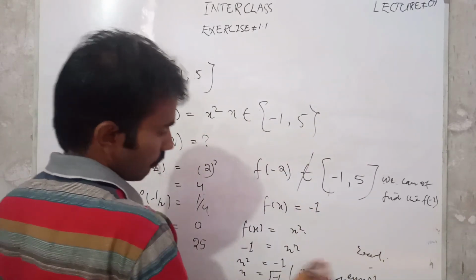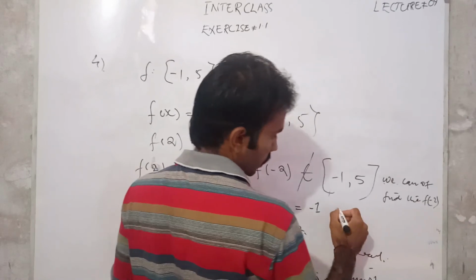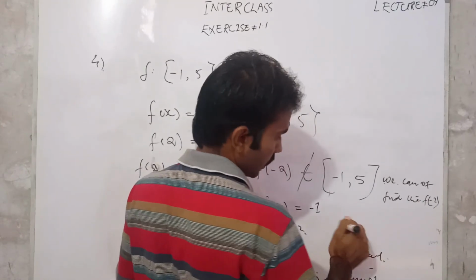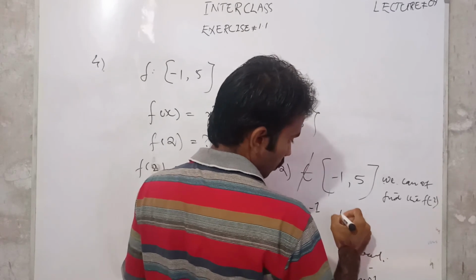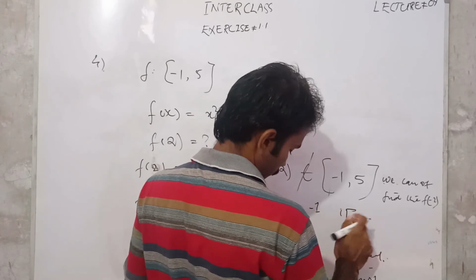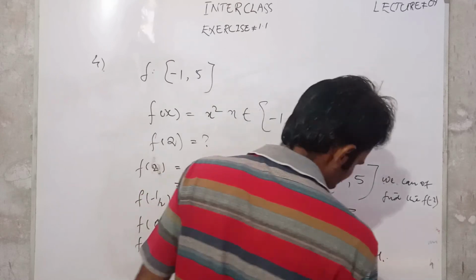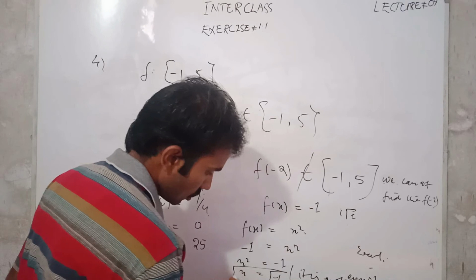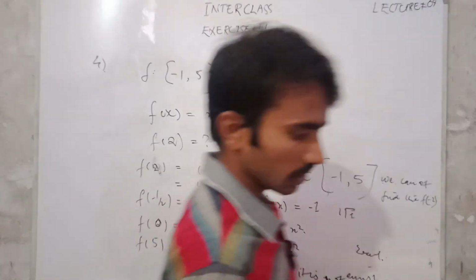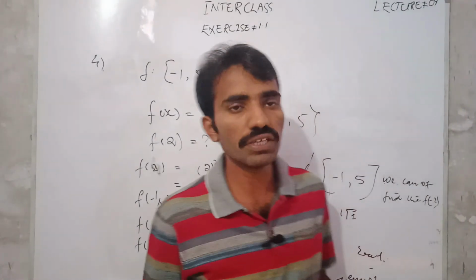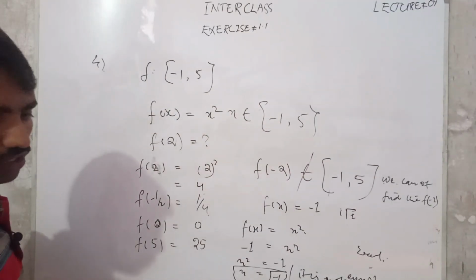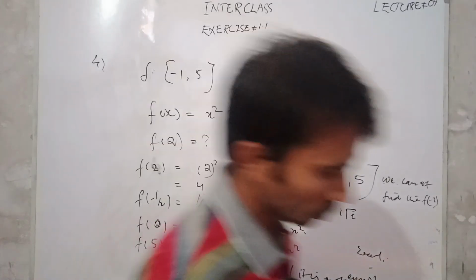Because when we take -1 under the root, we get an imaginary number. So this expression belongs to the imaginary numbers. That's why it cannot be part of the real numbers. So that is all about question number 4.